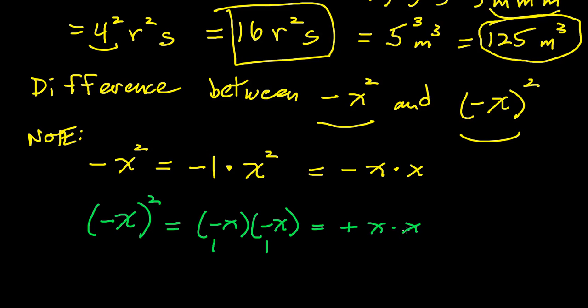So, for example, let me squeeze this on the bottom here. If I've got, put this in orange, minus 3 squared, the negative of 3 squared, well, the idea here is that this is equivalent to having really a set of parentheses around that 3 squared first.